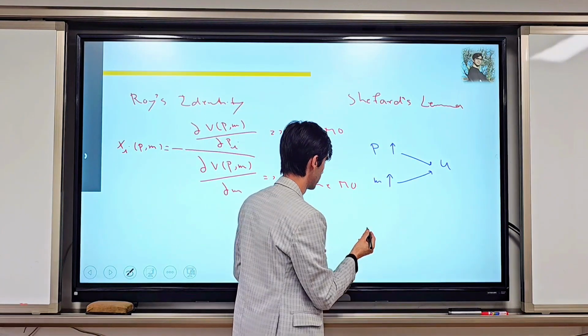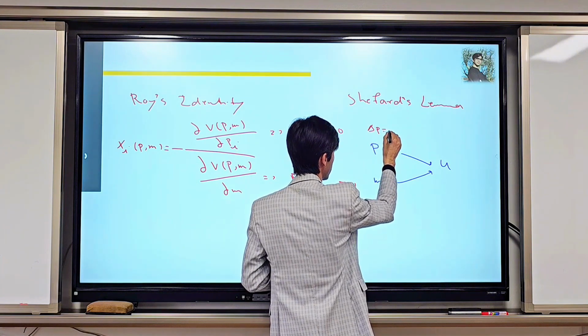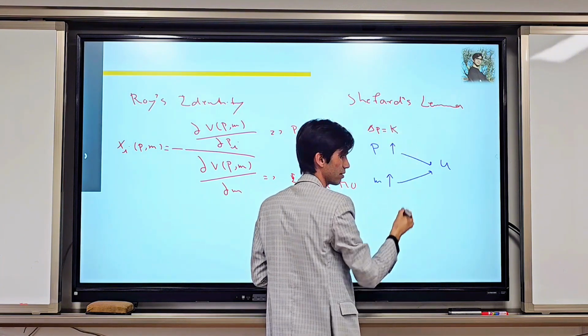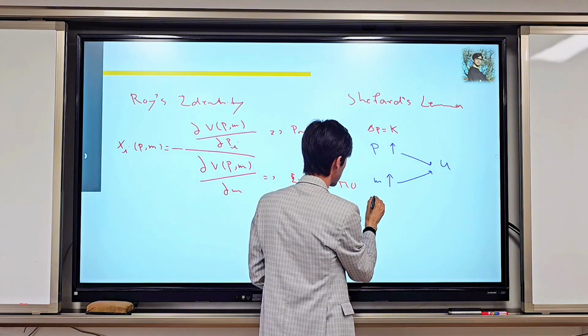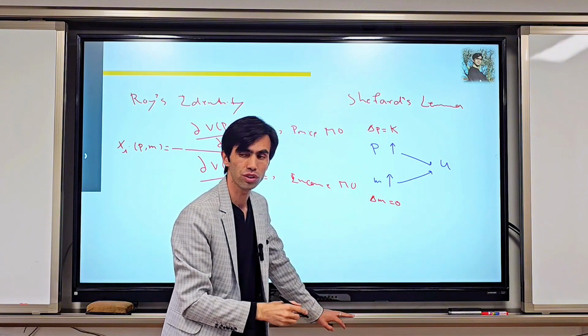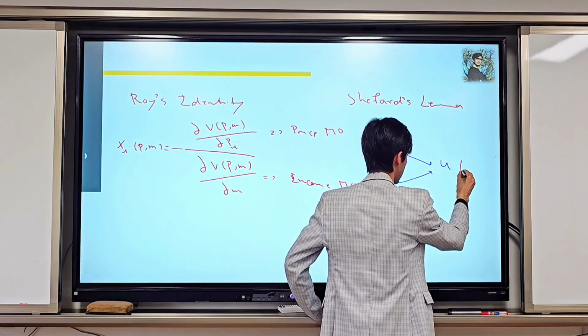If the change in price is something positive, for example, let's say it's K, any number, but the change in income is 0, then what will happen to your utility? Utility will decrease.